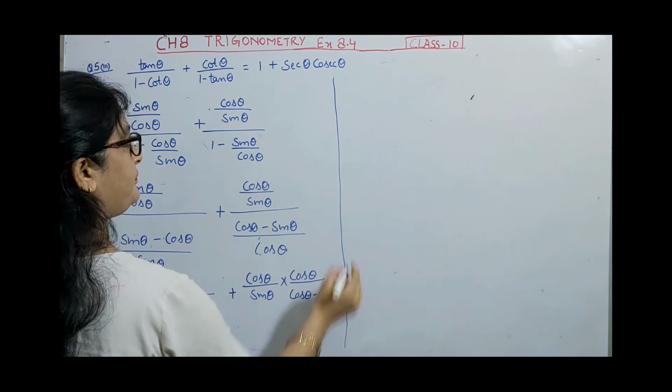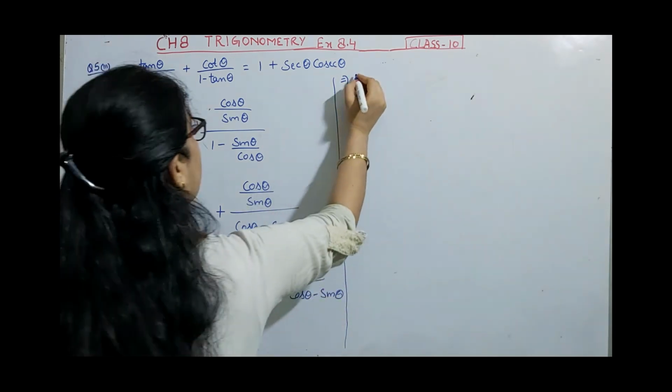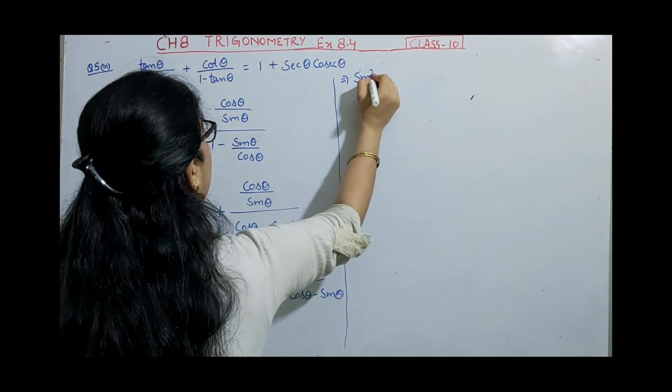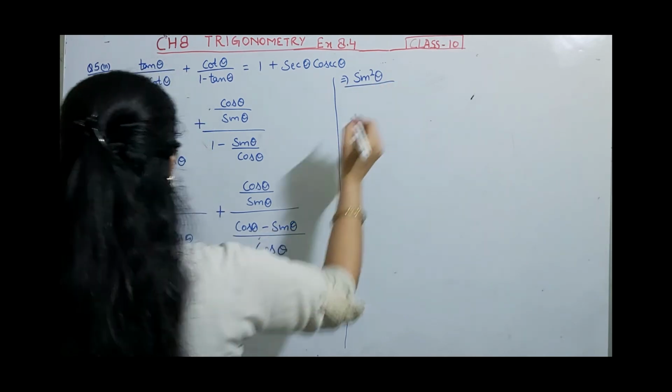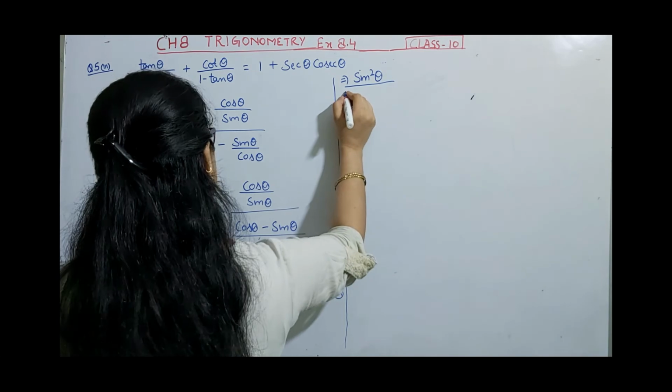Now look at the equation. Sin into sin square theta divided by cos theta into sin theta minus cos theta.